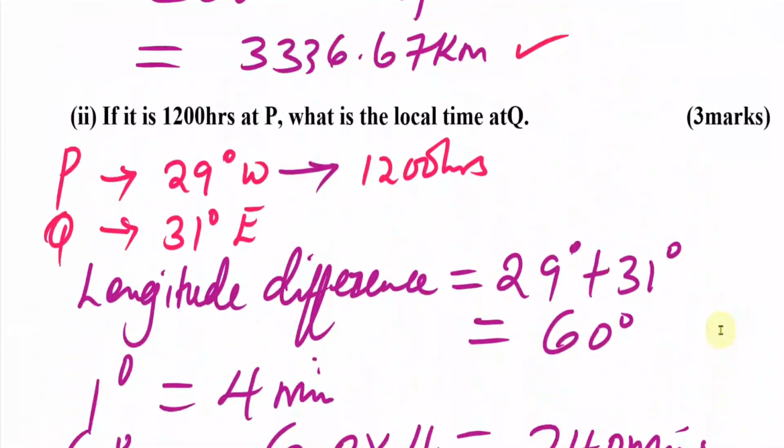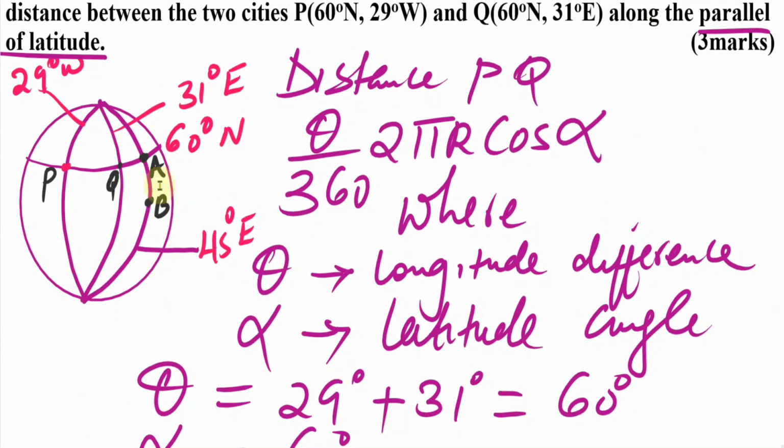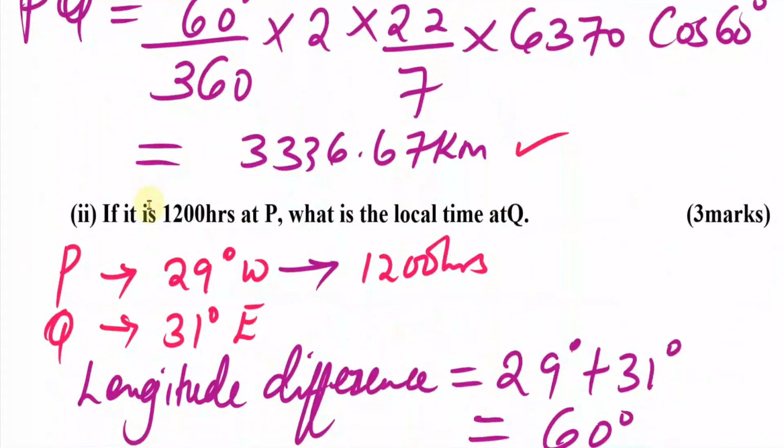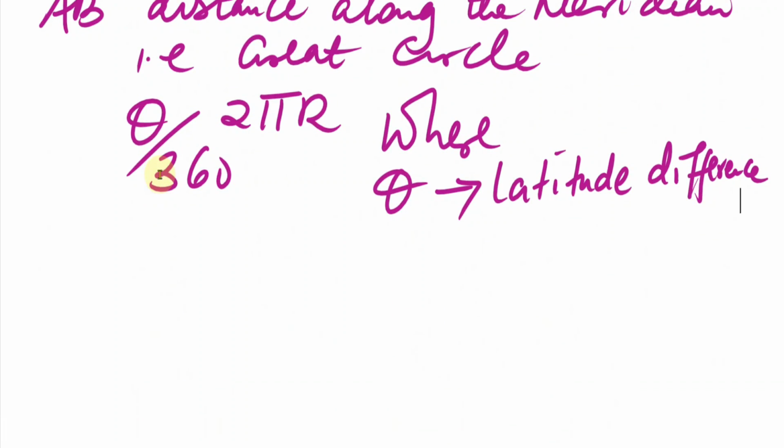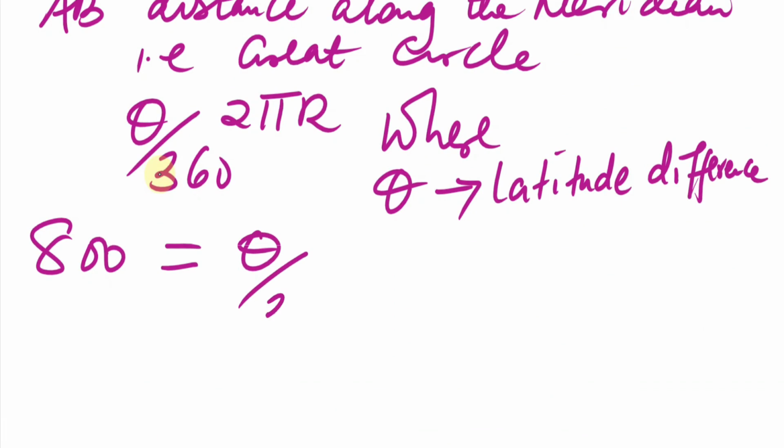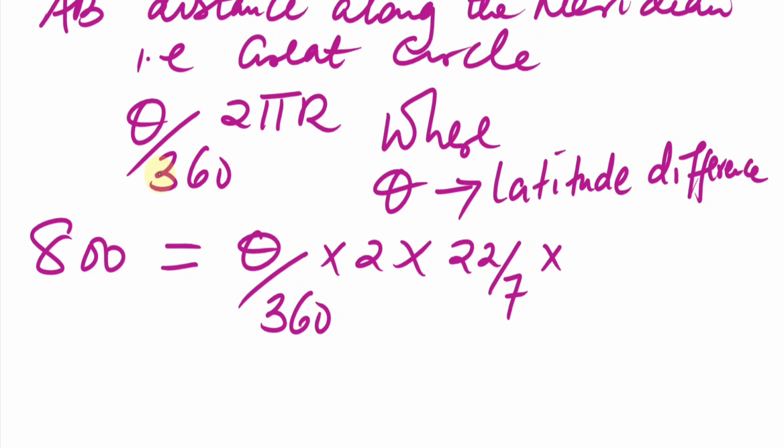Latitude difference, since when you look at the positions of A and B, you realize they are on the same longitude, 45 degrees east, but they are located on different latitudes. So theta is the latitude difference. A is 60 degrees north, we don't know B, that is what we want to locate. So this distance, which is 800 kilometers, is given by latitude difference over 360 times 2 times pi, 22 over 7, times the radius of the earth, which is 6370.